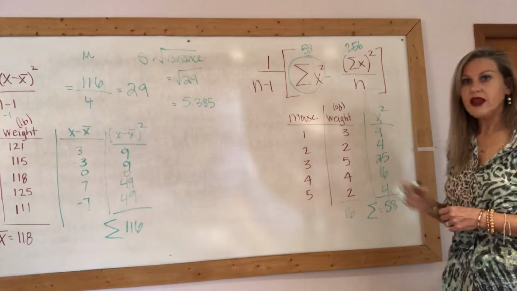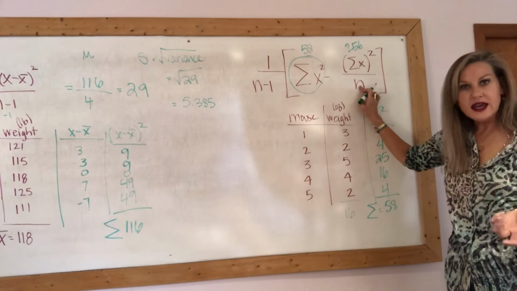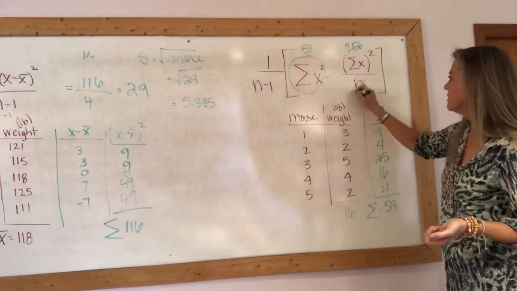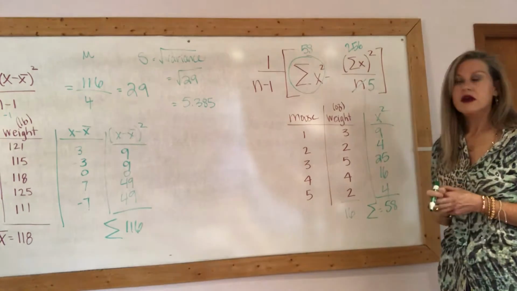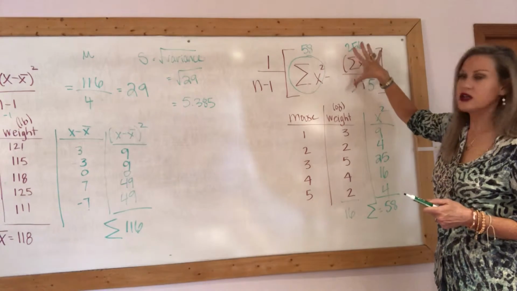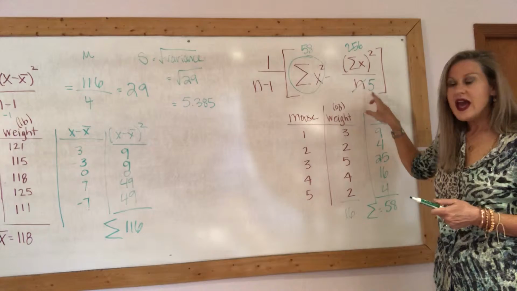16 squared is 256. And that portion is going to be divided by n, the number of mice we have. 1, 2, 3, 4, 5 mice. So this number turns into 58. This chunk turns into 256 divided by 5.